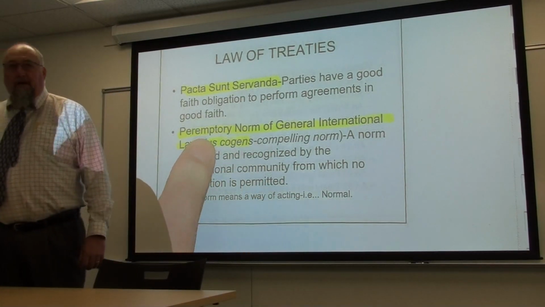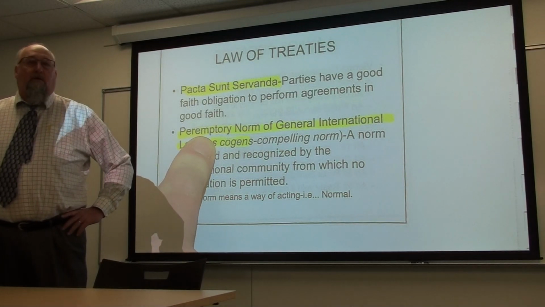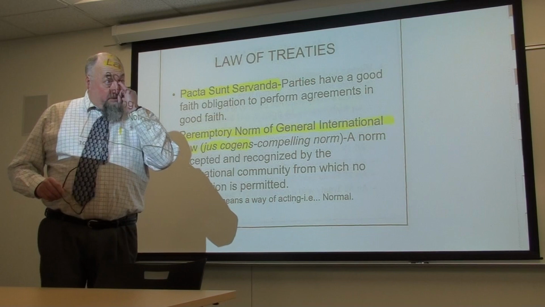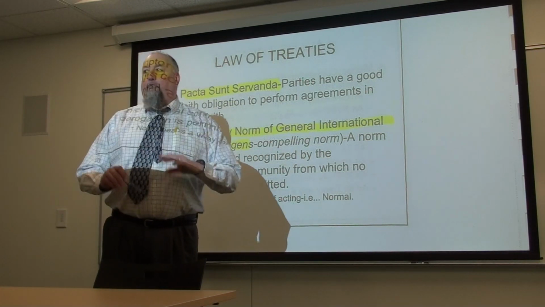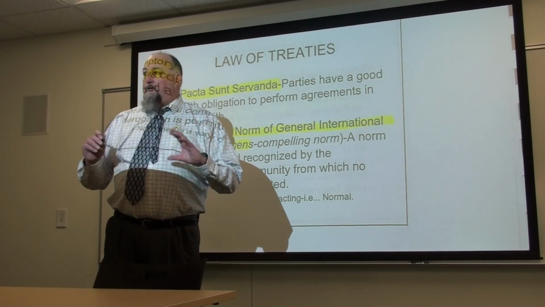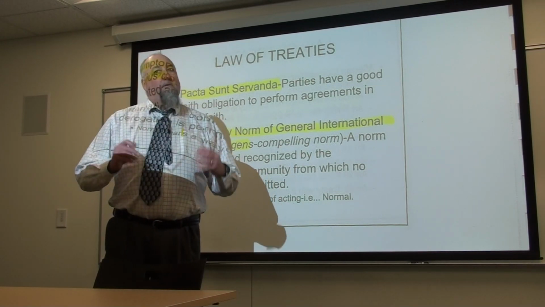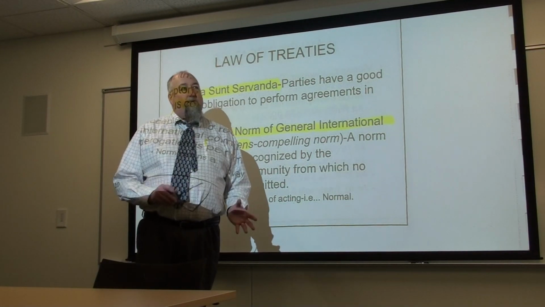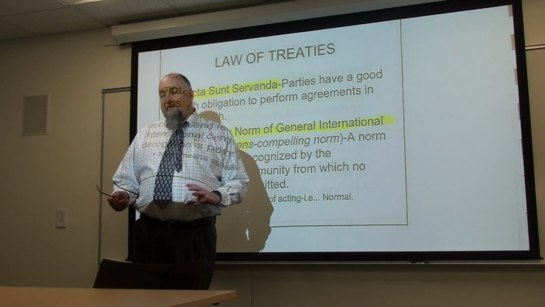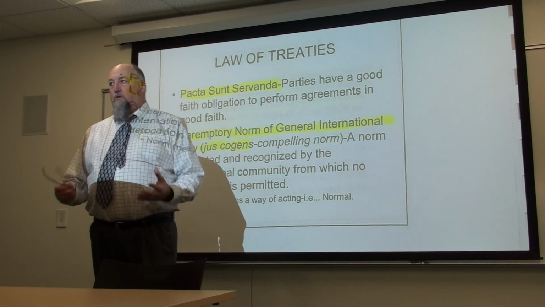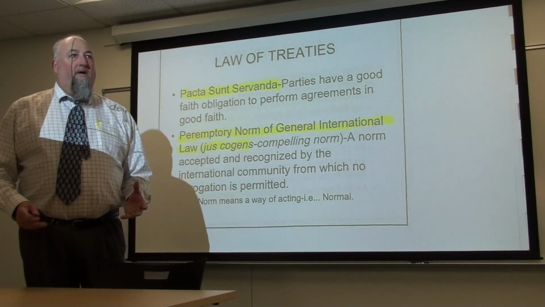Peremptory means to come in front of, to have higher authority, to be more important than, to override, however you want to phrase it, must be, whatever term you want to use. Peremptory. Norm means a way of behaving, a way of acting, what you do, how you do something.